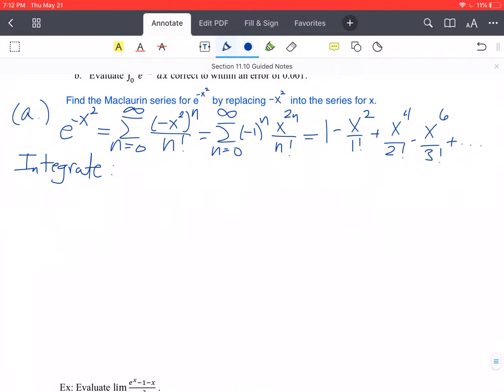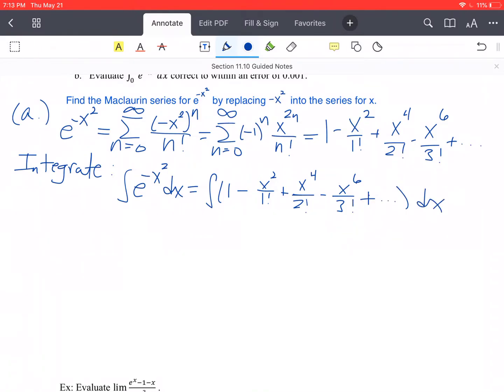So we're going to get the integral of e to the negative x squared dx equals the integral, and we can integrate term by term here, so we have 1 minus x squared over 1 factorial plus x to the 4th over 2 factorial, etc., dx.